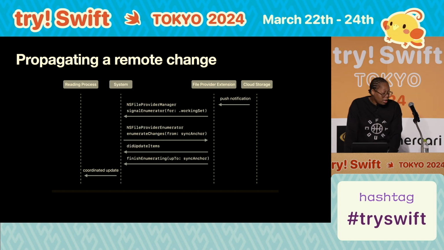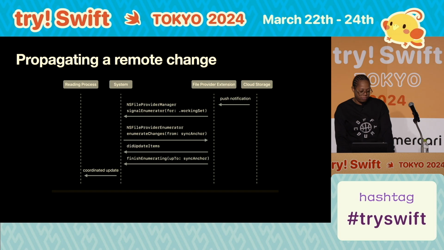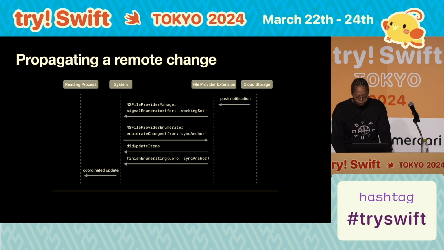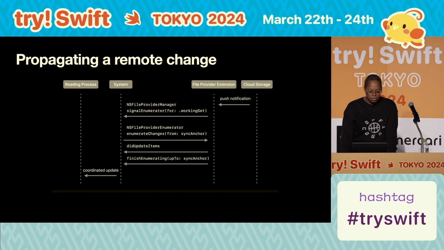Your enumerator will call the enumerate changes function with that sync anchor. You will return the changed items, so you will have a callback, didUpdate items. And once you're done, you will give a new sync anchor for the next time around. So the system will asynchronously go and update every user visible file, only user visible files.